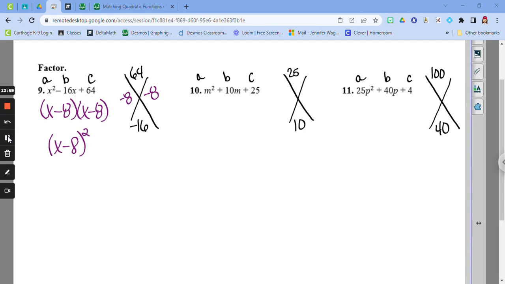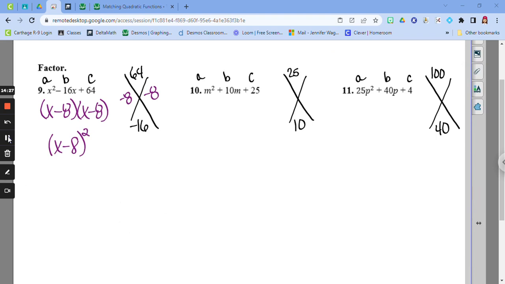So we consider these perfect square trinomials. There are special ways to go about factoring them as a somewhat shortcut, but by the time you figure out it is a special trinomial, you could have just factored it the normal way faster. Okay, so I don't do anything different on these.